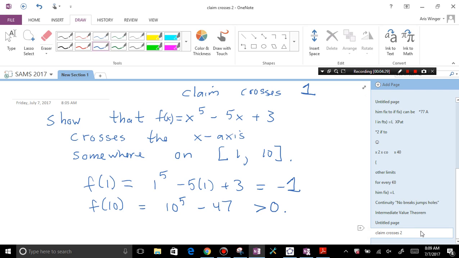So f is a polynomial, therefore f is continuous on the interval 1 to 10, and therefore, by the intermediate value theorem, f has to take every value between the minimum and the maximum. Now, we don't know whether these are the minimum or the maximum, but we know that f has to take every value between f of 1 and f of 10. And that's by the intermediate value theorem.